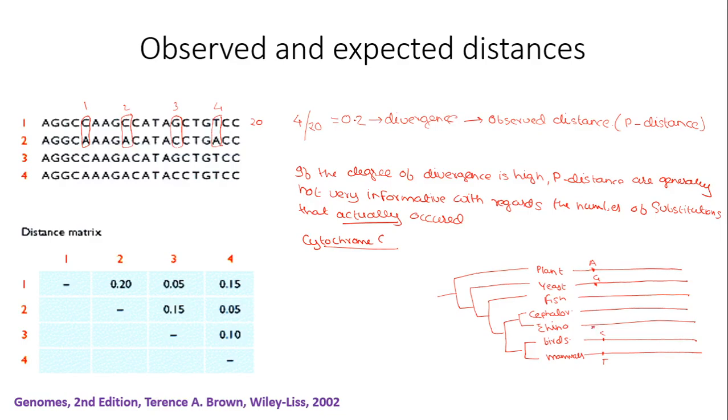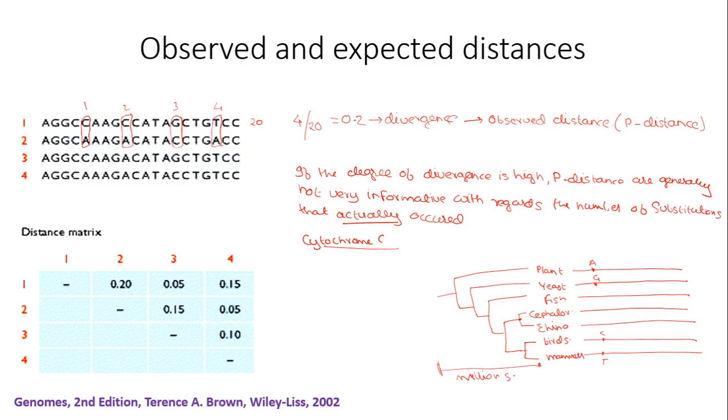So now the differences that we observed in these sequences are not the same as the number of changes that have actually occurred during the evolutionary history. Whatever differences we observe here are not the same as the differences that might have happened in these millions of years of evolution.